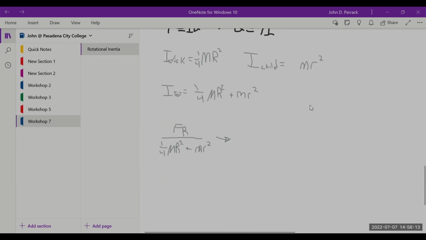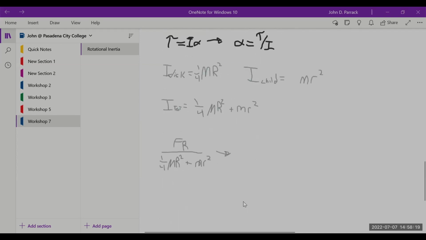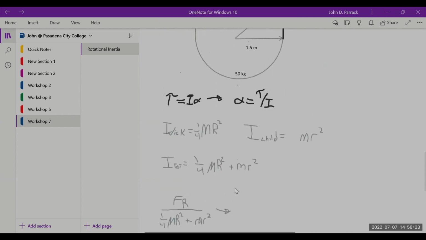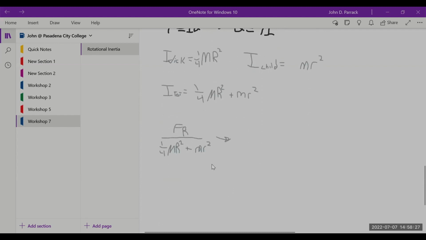Well, we have increased the rotational inertia. So we expect to find, does it rotate more quickly or does it rotate less quickly? Okay, and we get 6.67, I think I get, times 10 to the 0.